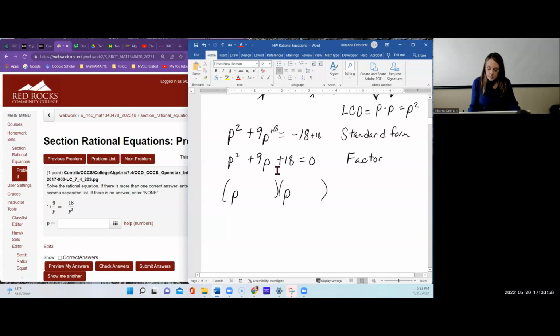The last sign before the constant is a positive, which tells me they're the same. This then tells me they're both positive. I need two numbers that multiply to give me 18, but add to give me 9. 1 and 18, nope, that's 19. 2 and 9, no, that's 11. 3 and 6, yes, that's 9.